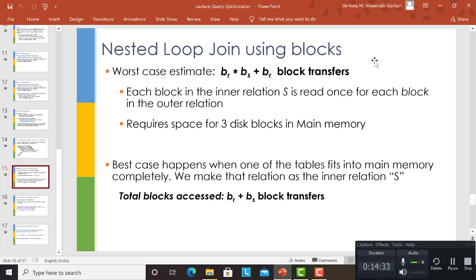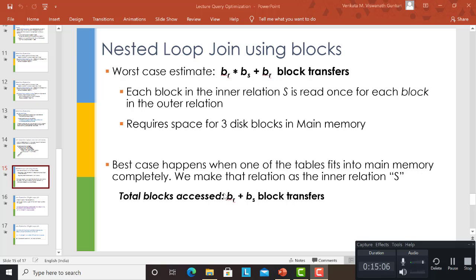So if a question comes in your exam saying that this is your query, determine the most efficient way of executing this query, then you have to evaluate expressions to determine which algorithm has the lowest cost, right? So then use just these expressions where the total cost is counted in terms of the number of blocks accessed from the relations R and S, right? And we ignore the cost of the intermediate results. Okay.